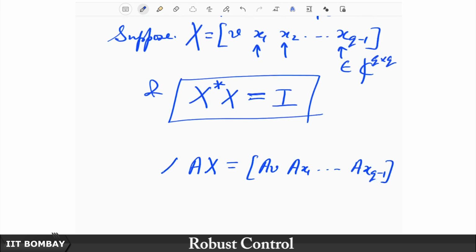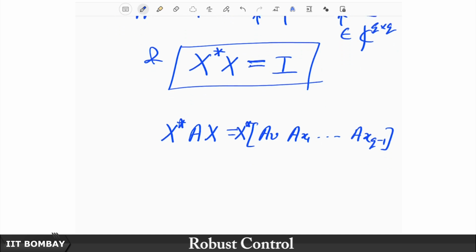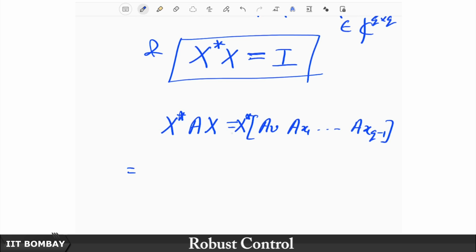And what if I hit it on the left with this X star? I am continuing from this step here, although I pushed it to the left here. This is going to be nothing but V conjugate, x1 conjugate, till x q minus 1 transpose conjugate.